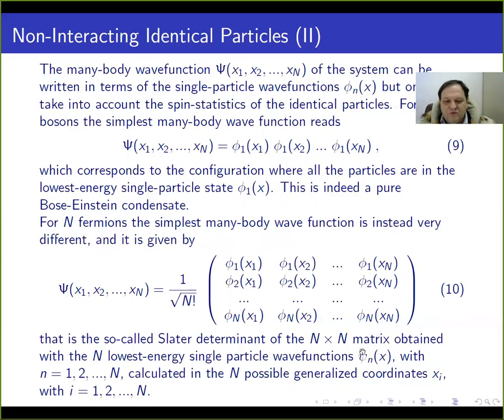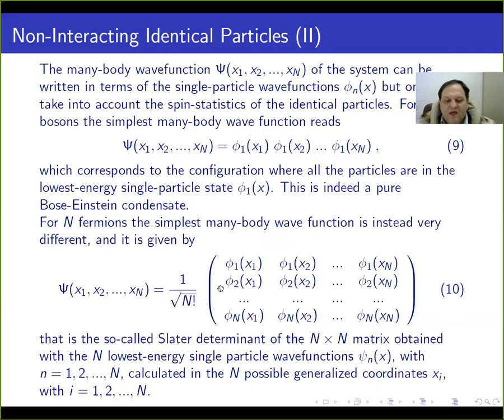This is wrong. This should be phi subindex n of x, with n that goes from 1 to capital N, calculated with the N possible generalized coordinates x subindex i, with i that goes again from 1 to capital N. You see, in this matrix, you have phi 1 x1, phi 1 x2, etc., up to phi 1 xN.